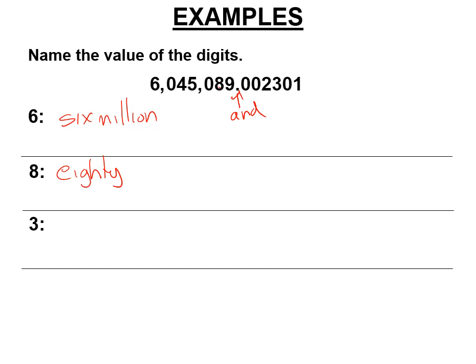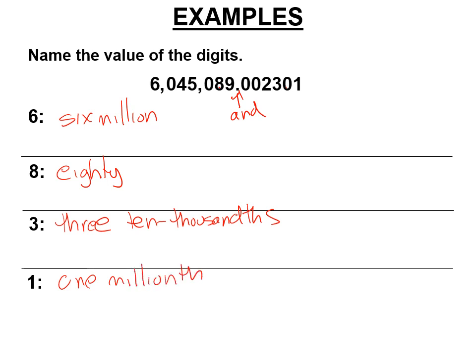What's 3 worth? That's worth 3, and we're 4 places over, so we're in the 10,000ths. Oops, I gotta spell it right. There's a D in there. 10,000ths. And what's the 1 worth? Well, we have 0 100,000ths, and that is 1 millionth.